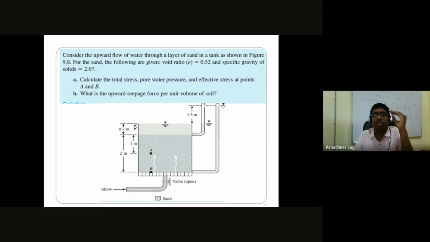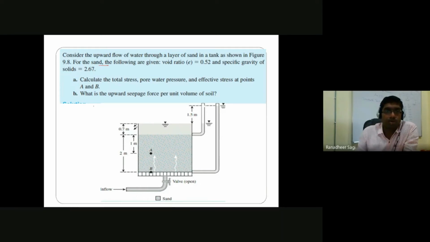So for every unit volume of soil, how much is the upward seepage force that is acting in the soil? That is what we are required to calculate.